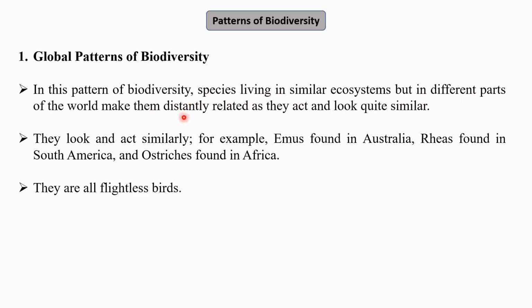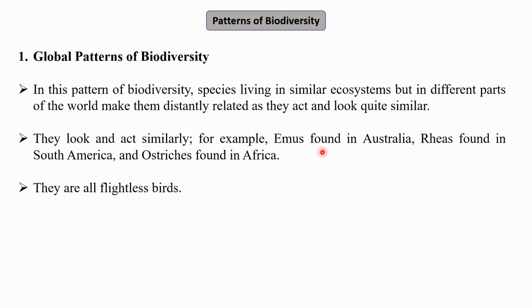Because of the similarities in their surroundings, the species adapt in such a way that they tend to look similar and act similarly. Therefore, they might be considered distantly related. So they look and act similarly.